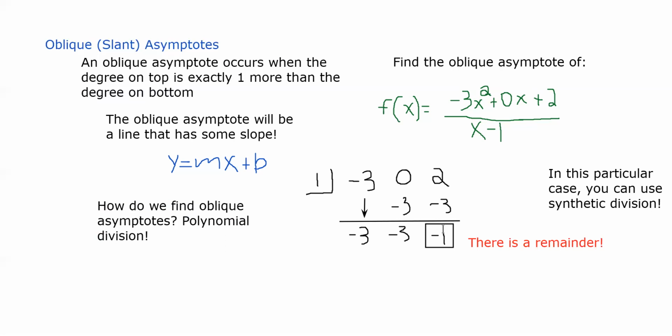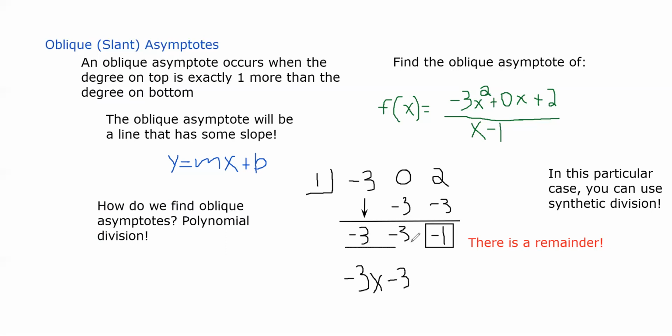You're going to ignore the remainder and you're going to tell yourself, all right, if I had done the division, this would create a polynomial of 1 degree lower than what we started with. We started with a second degree polynomial, so this would be a first degree polynomial with these coefficients, negative 3x minus 3.